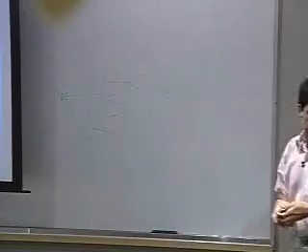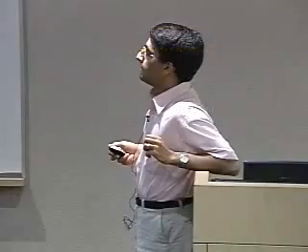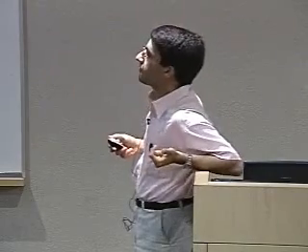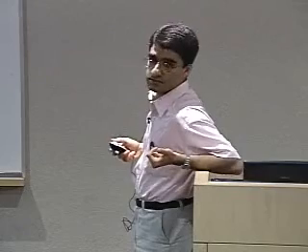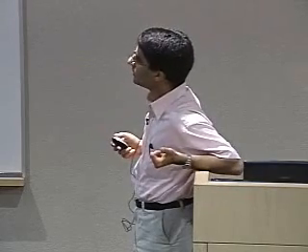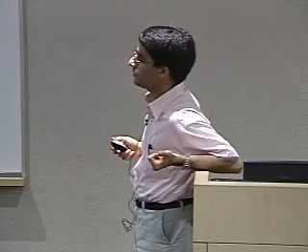This is the interesting case, where there's a gap between the upper and lower bound. There are such graphs that require log square n rounds. And this was shown by Alon, Bar-Noy, Linial, and Peleg in '91.